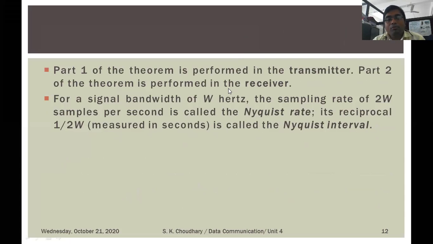For a signal band limited to a bandwidth of W hertz, the sampling rate of twice W samples per second is called the Nyquist rate, and its reciprocal is called the Nyquist interval.